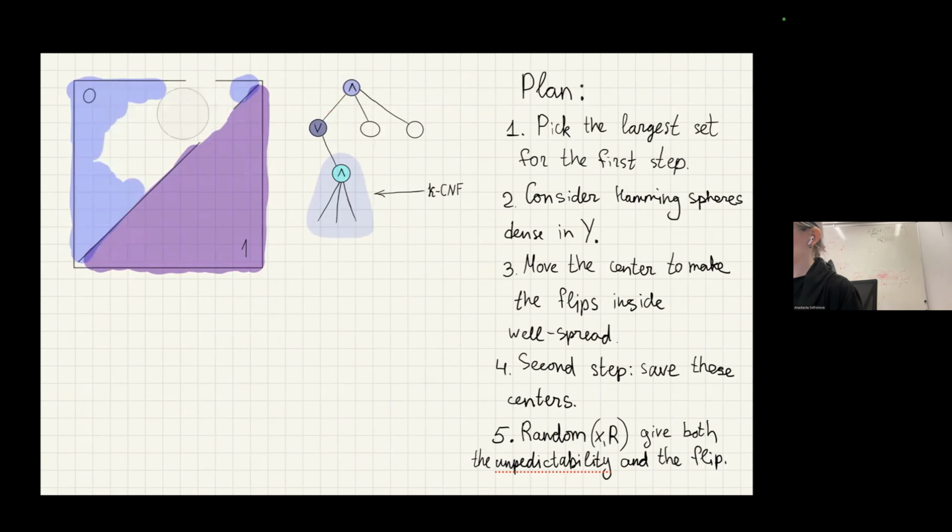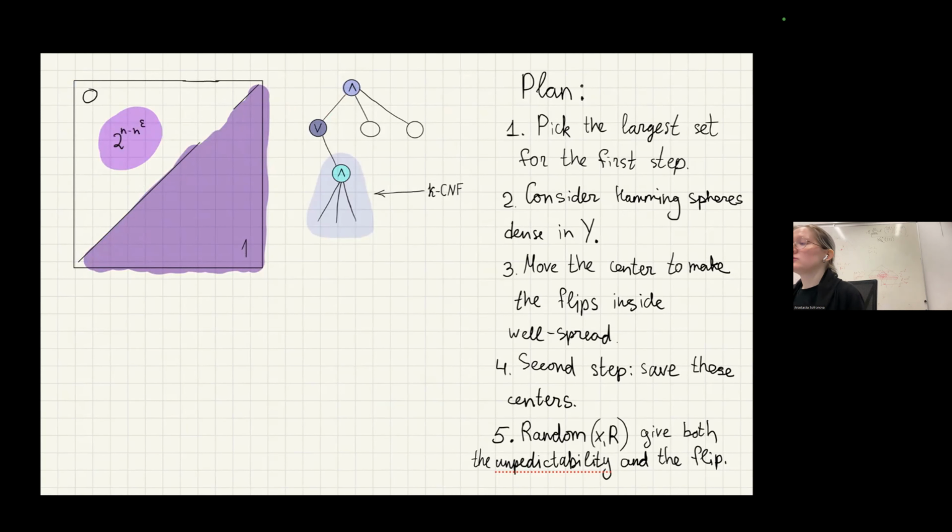So this goes away. And I only have some bubble here, but it's quite a big one. So this is of size 2 to the n minus n to the epsilon.